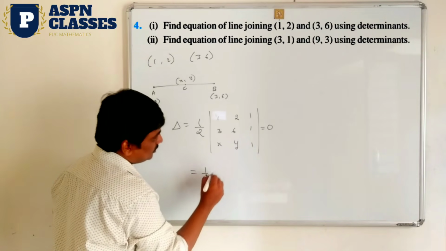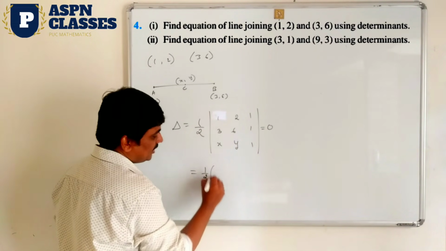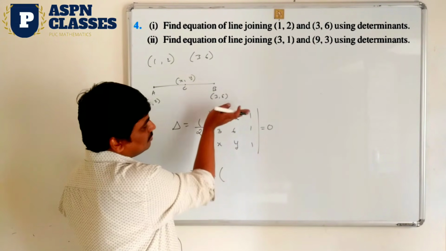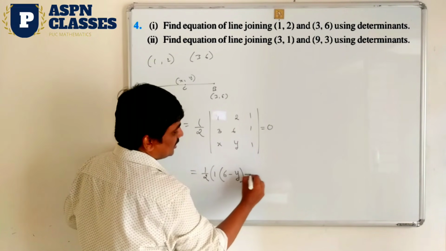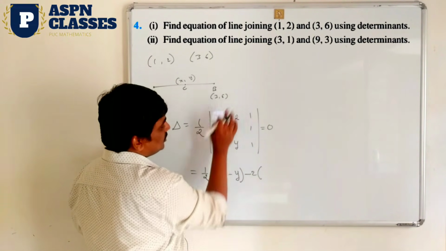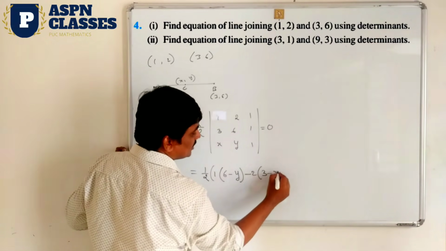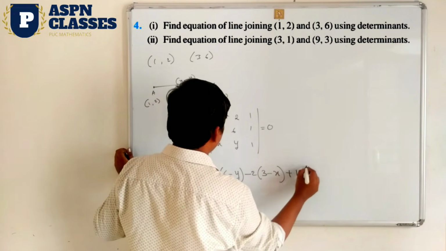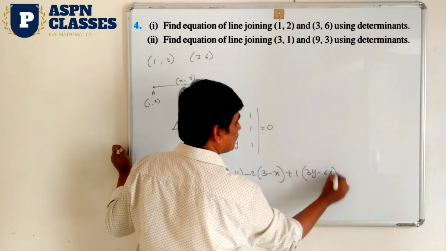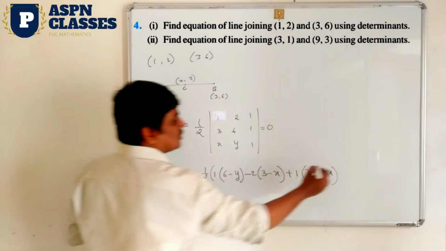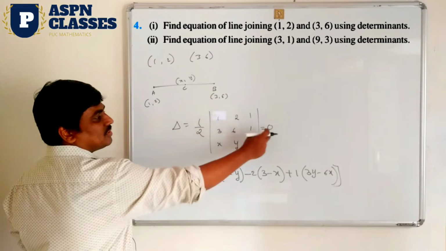Okay, now you have to go and simplify this. Here 1 by 2, so expansion along R1 only you take here. 1 into bracket, first row first column get cancelled. 6 into 1 is 6 minus y. Next minus 2. So minus 2, these two are cancelled. 3 into 1 is 3 minus x, plus 1 into bracket 3 into y, it means 3y minus 6x. Now it is clear? Okay. So it means this delta is equal to 0.